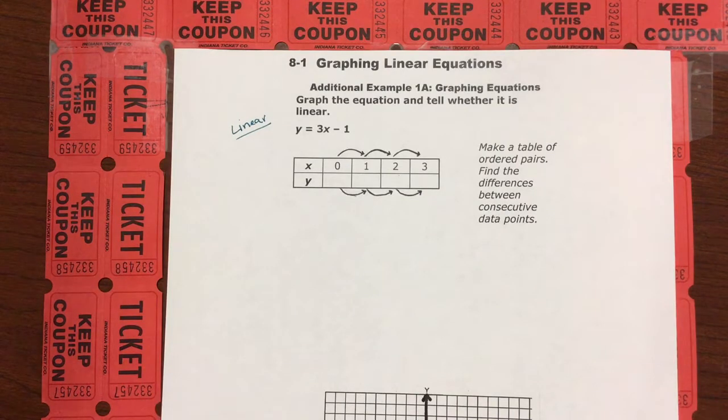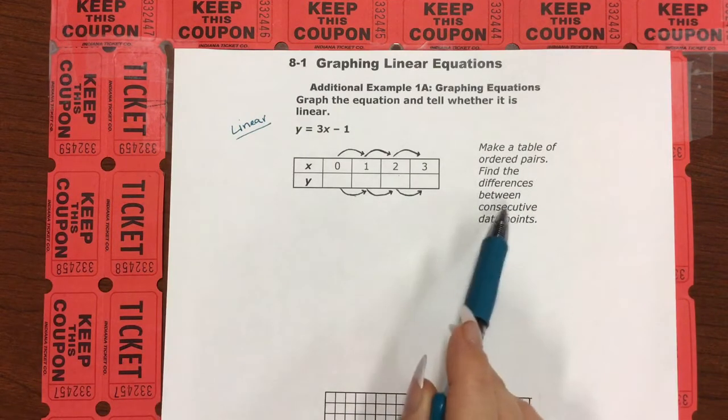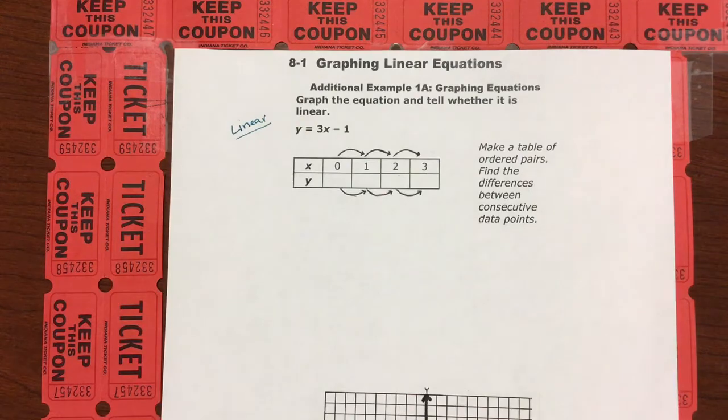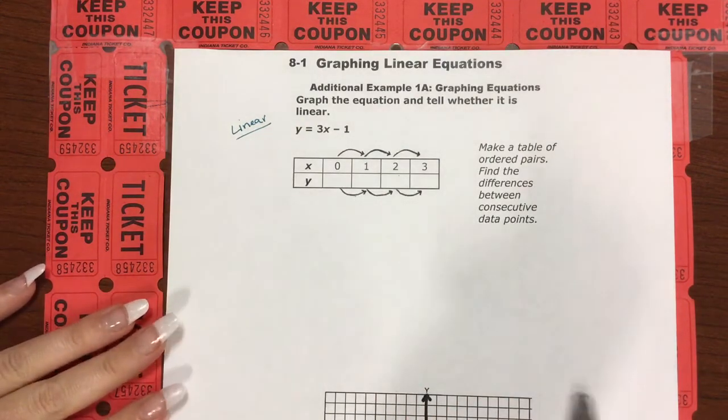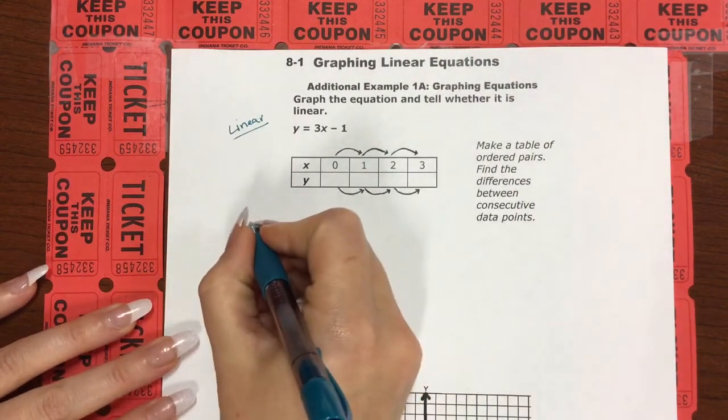To do that, we are going to make a table of ordered pairs, and we're going to find the differences between the consecutive data points. So here's a little horizontal table, but what I like to do and what I want you to do on your homework is use a vertical table to show your work.